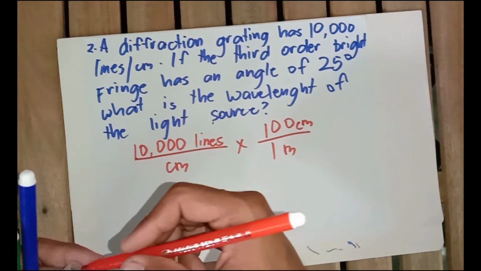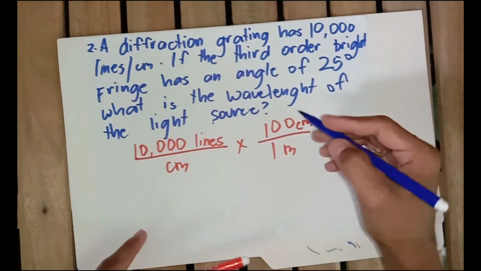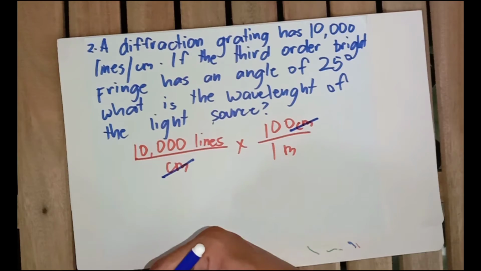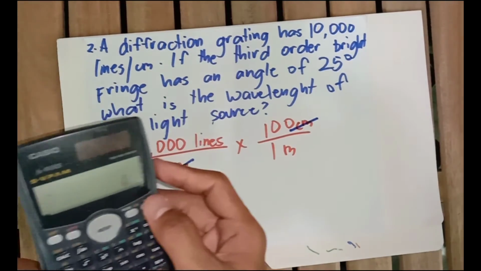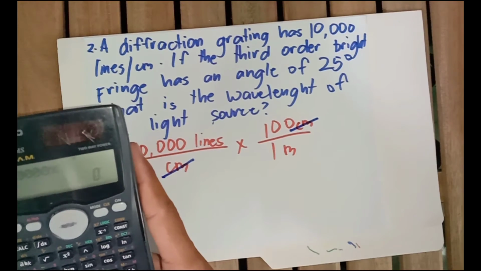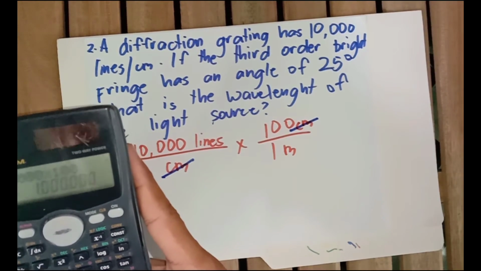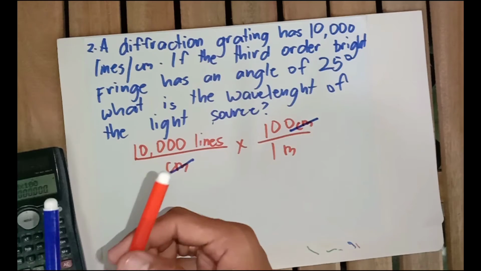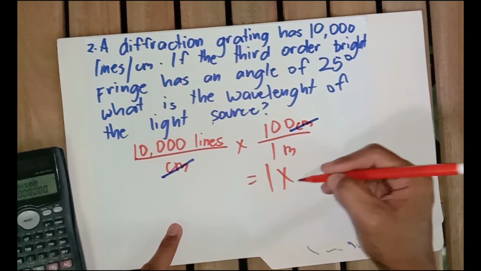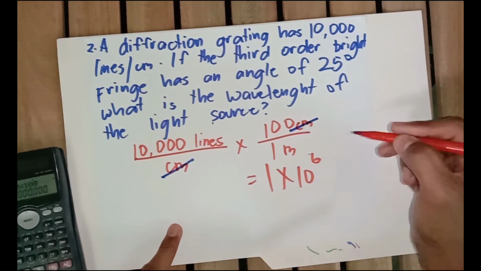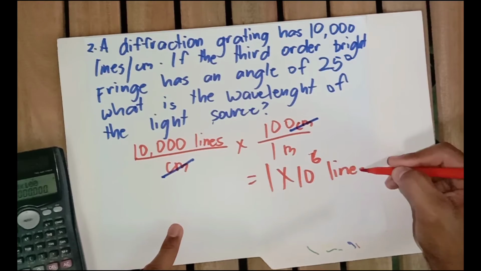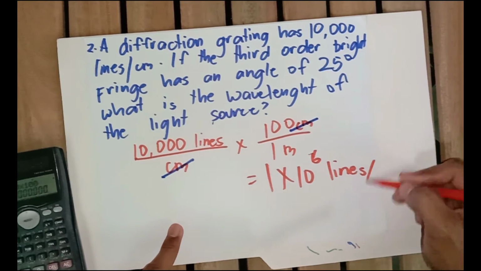Okay, we have to cancel it. 10,000 times 100 is equal to 1 million, or 1 times 10 raised to 6 lines per meter.